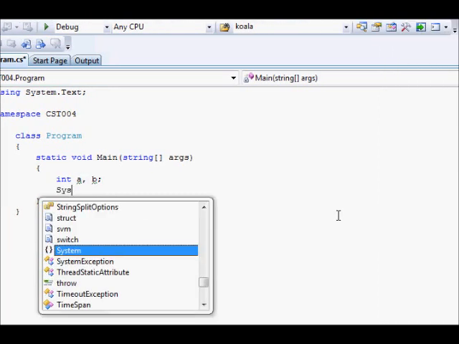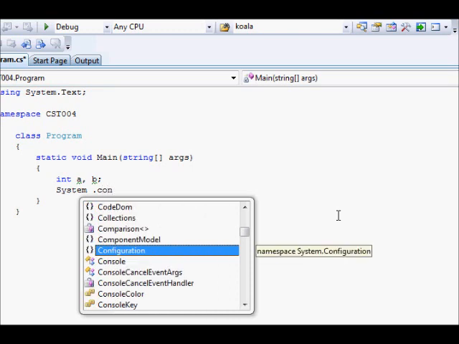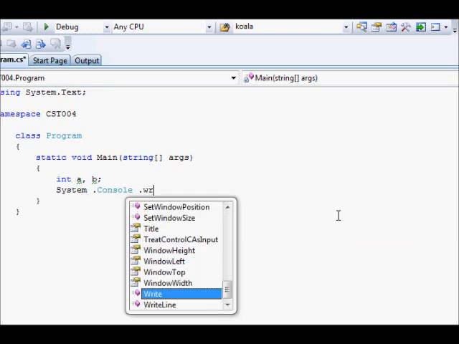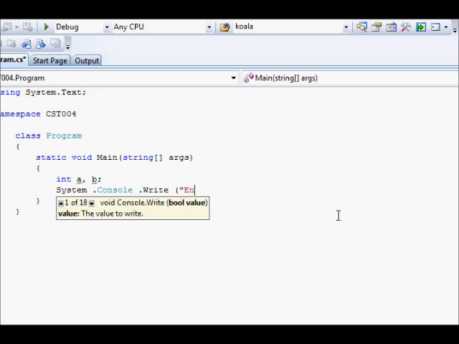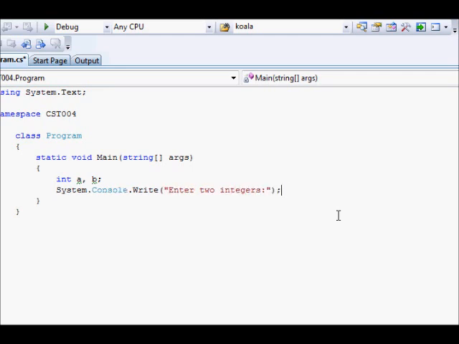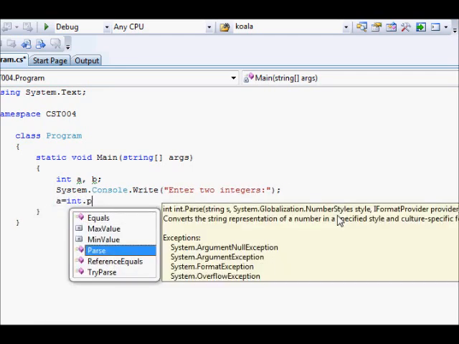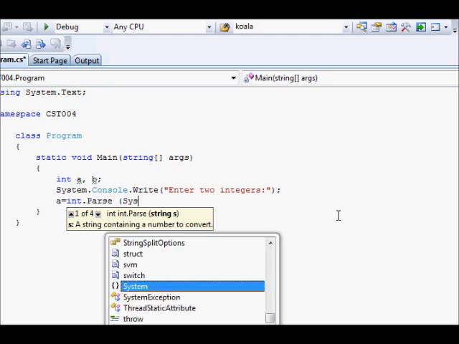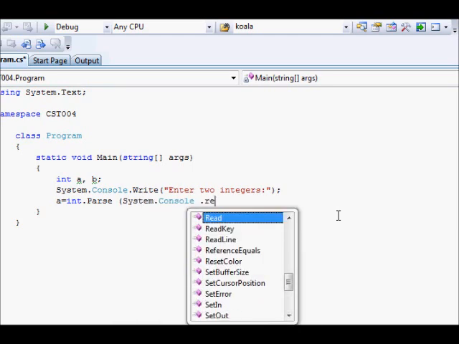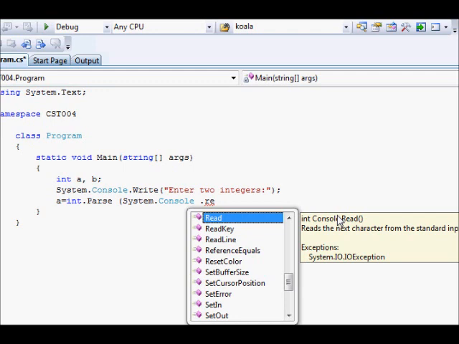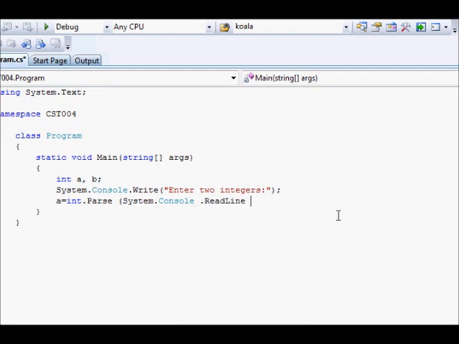System.Console.Write "Enter two integers." Then a equals int.Parse(System.Console.ReadLine()).